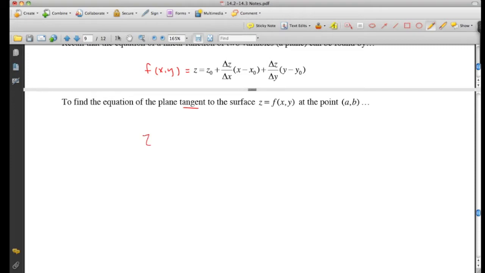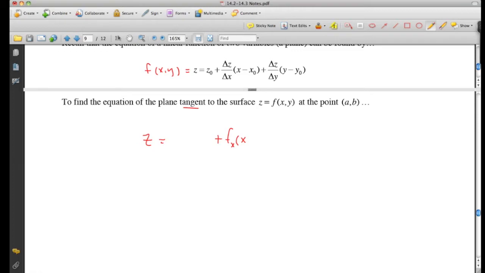Well, it's going to be in the form of z is equal to z0. All right, let's leave that alone for right now. And let's think about, well, how do we find the slope in the x direction? Well, that's what we've been doing all along here. We've been finding the slope in the x direction. We've been calling it the partial derivative with respect to x at a particular point. Let's call that point, I guess we didn't use a and b, x0 and y0.